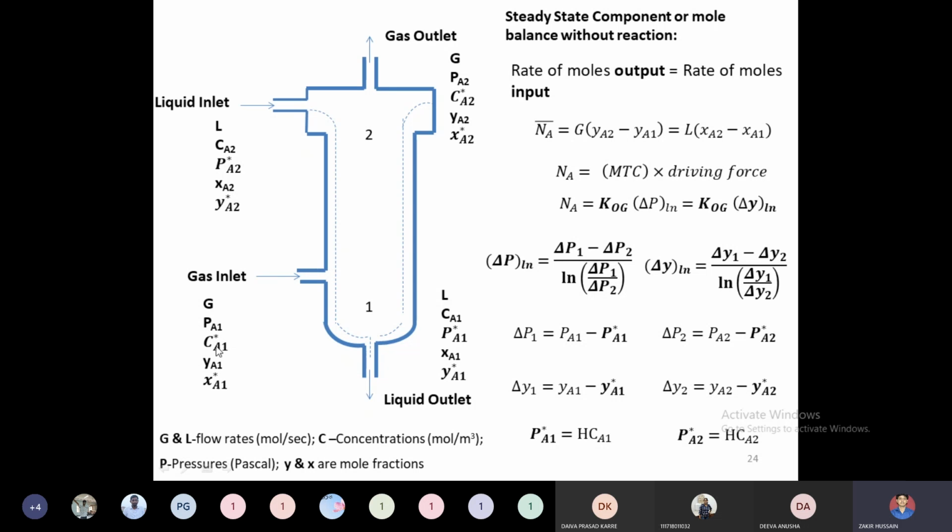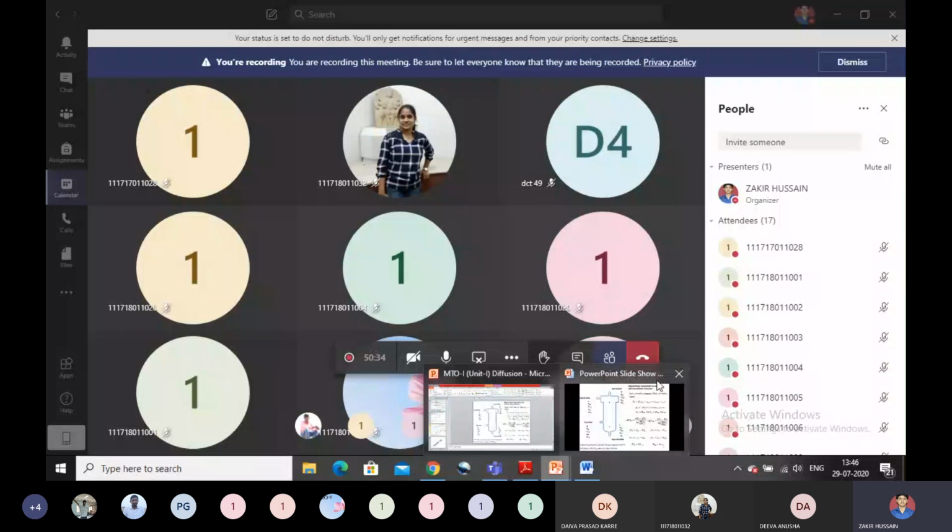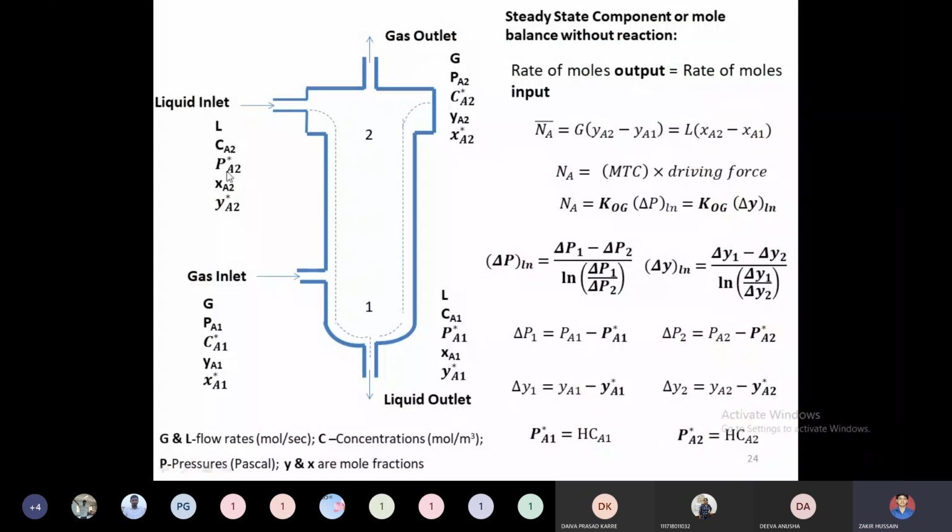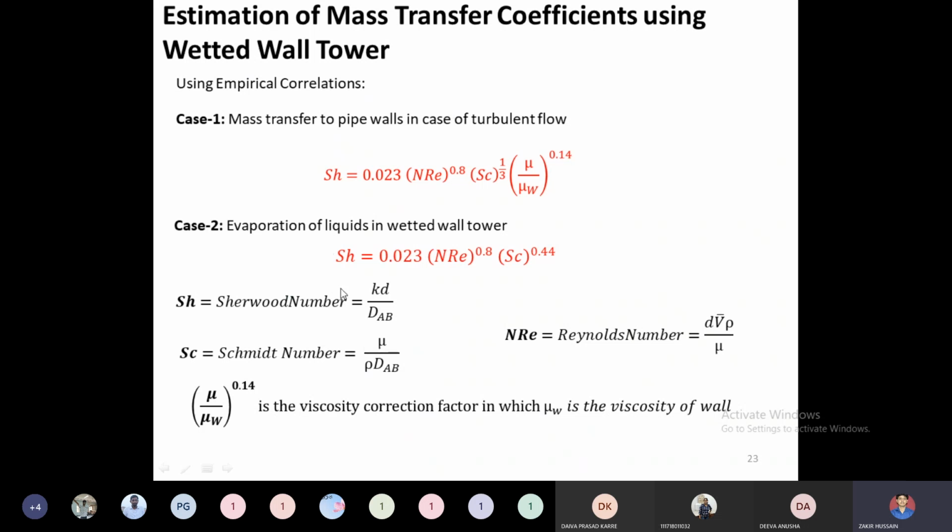So in between these two variables only Henry's law is possible. So PA2 star is equal to H into CA2. Using these equations together with all these correlations, we can estimate the mass transfer coefficient.